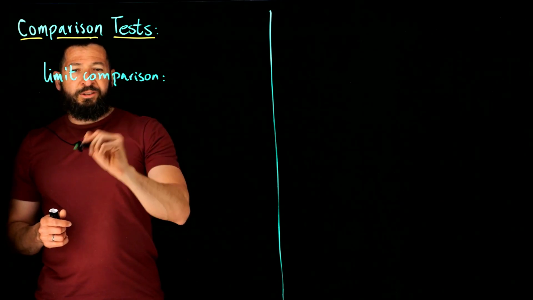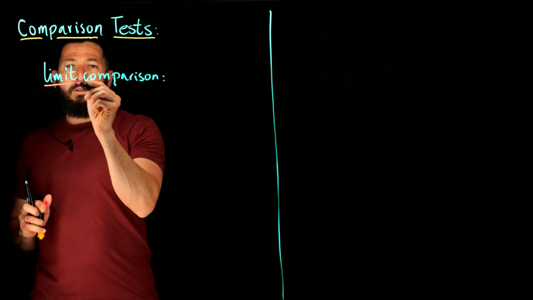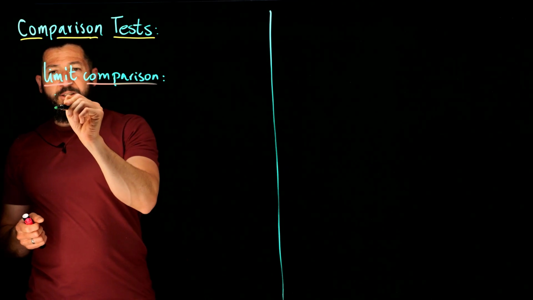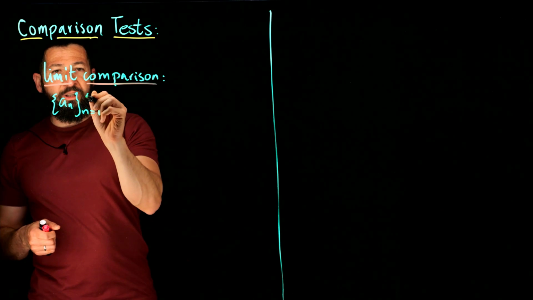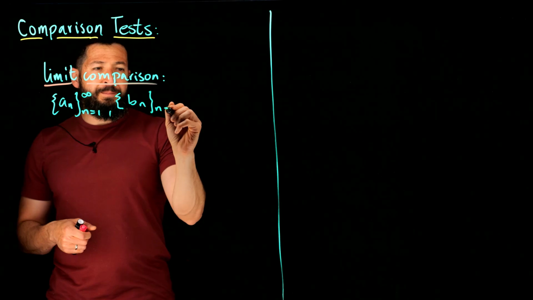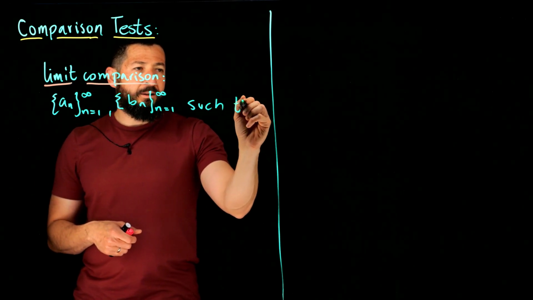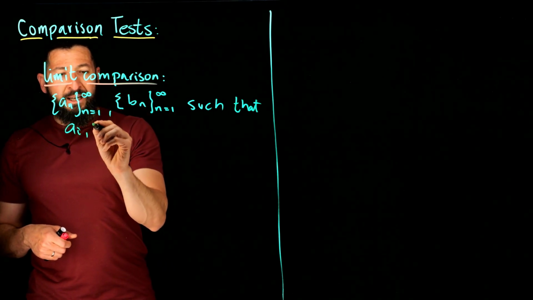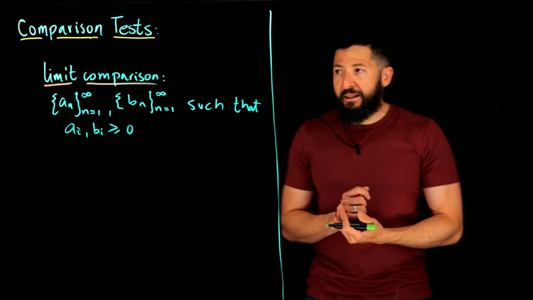So you will still need that the coefficients be positive, but you're going to have your coefficients, or the summands, will satisfy such that the a_n's and the b_n's are all non-negative. So you do need them to be positive for that.